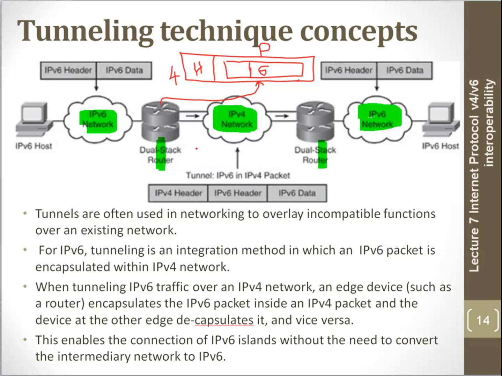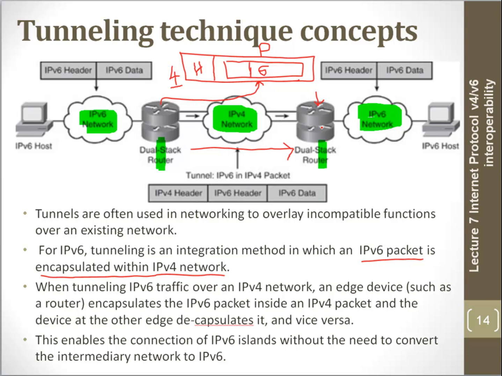The IPv6 packet is encapsulated within the IPv4 network. The encapsulated packet is going to move on in this network. Outside you have an IPv4 packet, so there is no problem here because it is an IPv4 network. Automatically the packet will be routed to this last router.